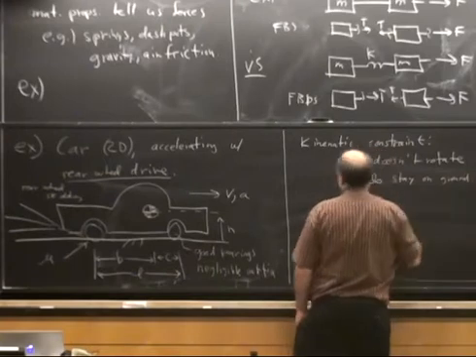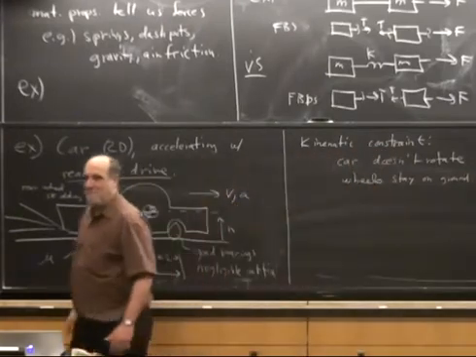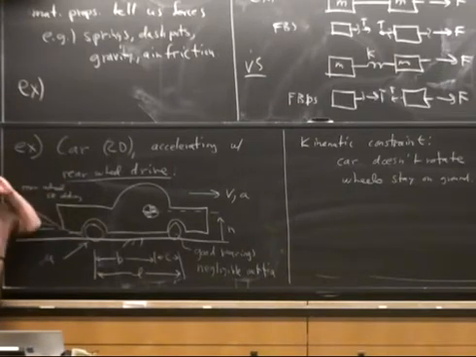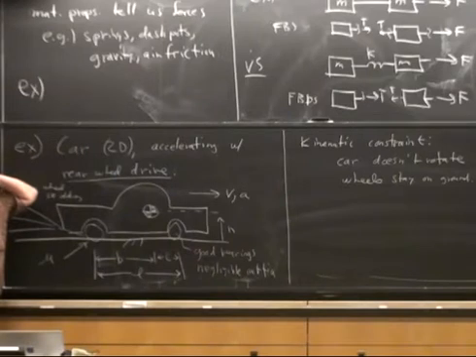Now, it's possible that the car could do what's called a wheelie and pop up in the air, and it's possible that the suspension has some springs in it, so it tips around a little bit. But we're going to make the idealization that the suspension is stiff and it doesn't tip around, and we're going to assume that it doesn't pop up in the air, but we can check that afterwards.